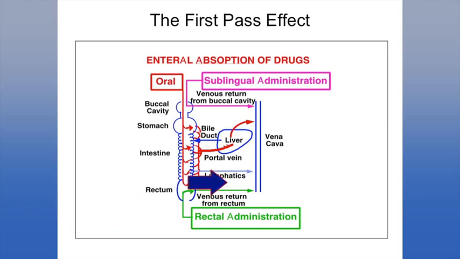A very small percentage of the drug may travel proximally up here and enter in through the portal vein to the liver. But the vast majority of the drug is going to be exempted from the first pass effect. And for this reason, it is considered a less complicated pathway for administration of drug.